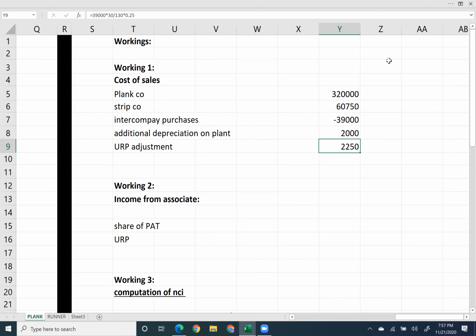So these are your cost of sales. Wait, something in the chat box. Okay, good. So let's calculate the cost of sales. It's 346,000. The cost of sales is 346,000, right?